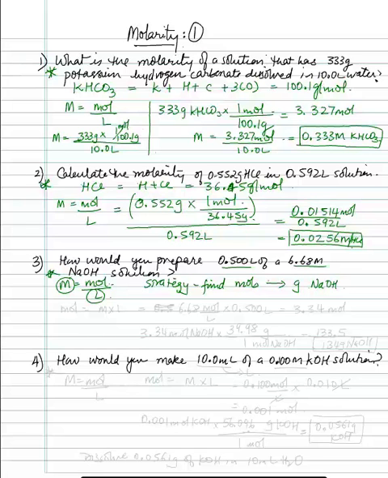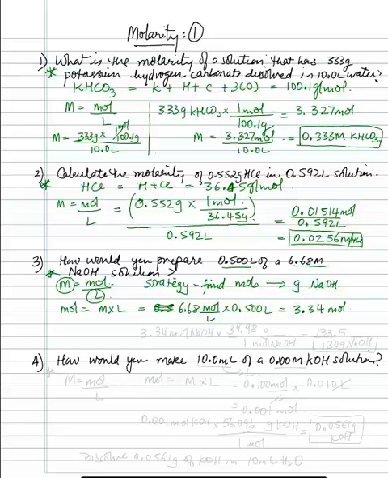So let's do that. Moles is equal to molarity times liters, which is 6.68 moles over liter times 0.500 liters. That's equal to 3.34 moles. So that's the amount of sodium hydroxide we need, but now we need to convert the moles to grams.